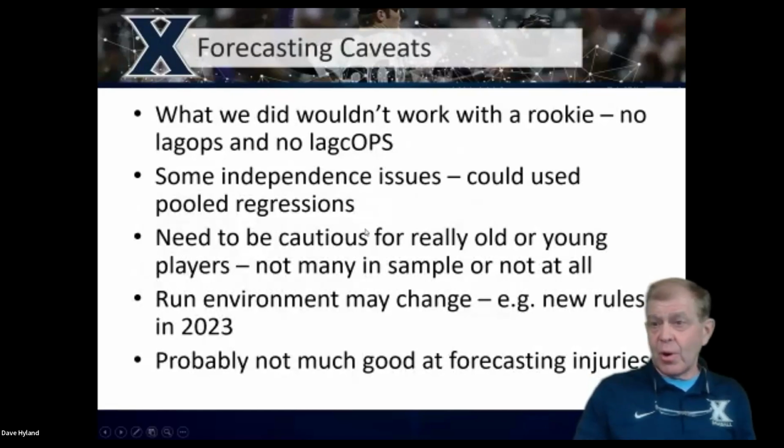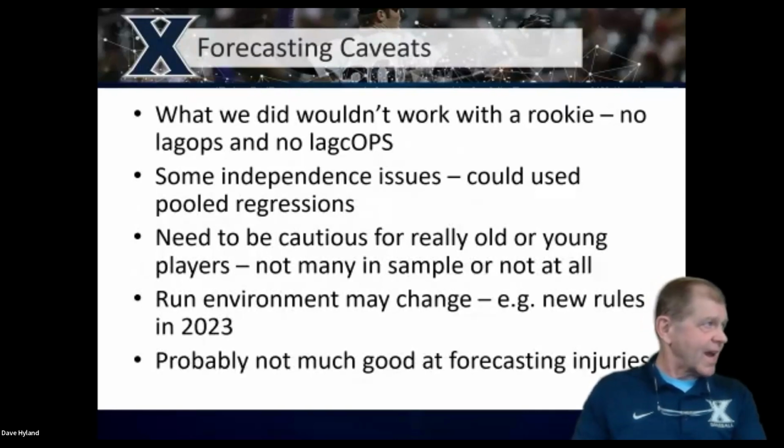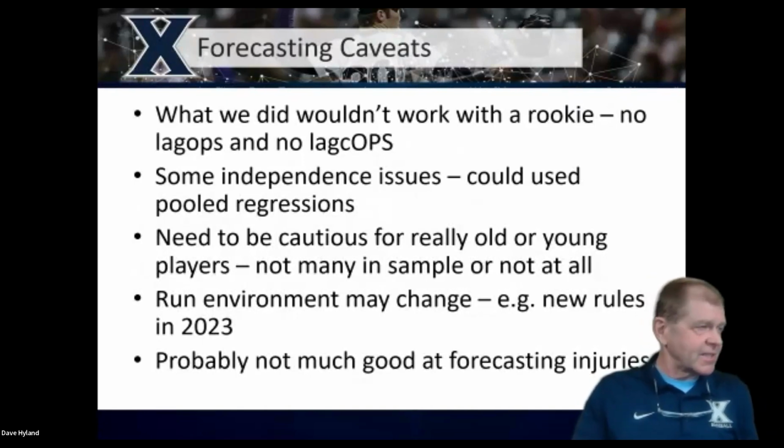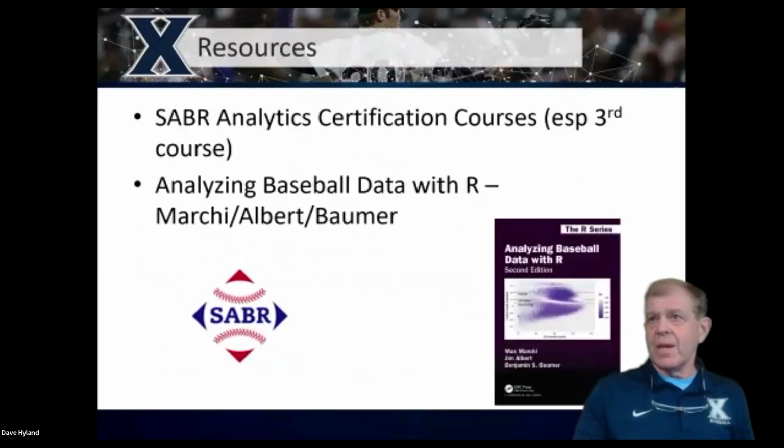I probably should have thought more about the new run rules in 2023. As I think of forecasting 2024, will that be the same type of run scoring environment as 2023 or very different? It's also not going to be very good at forecasting if a player gets injured and so on.